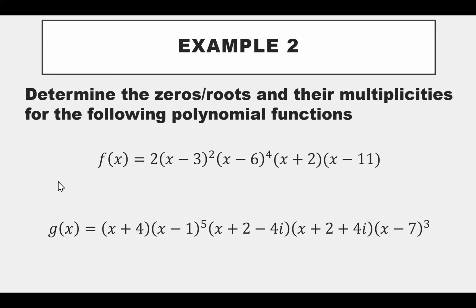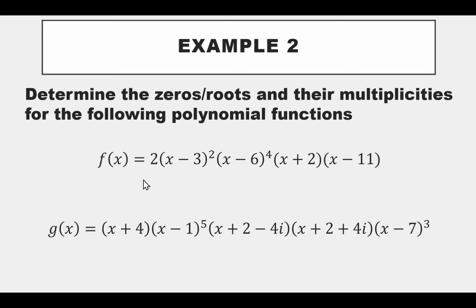Let's look at a couple of examples. Here we have f of x and g of x. And we're going to find the zeros and their multiplicities for each of the two functions, f of x and g of x.